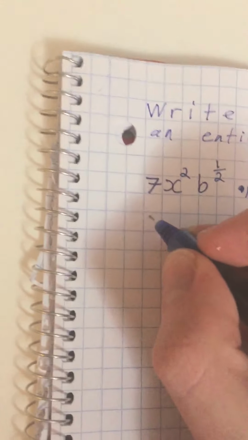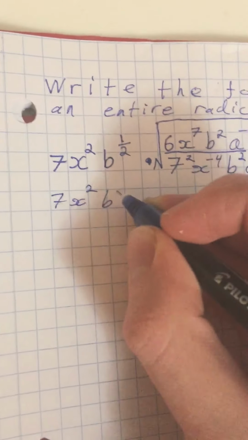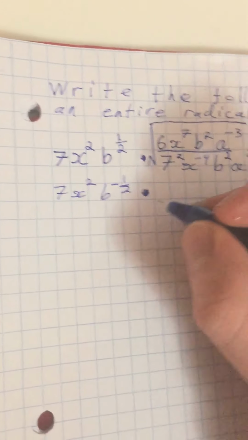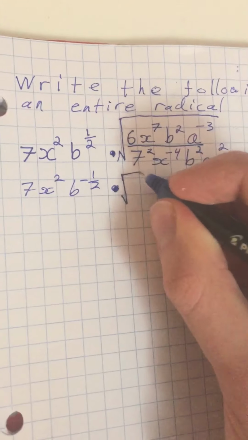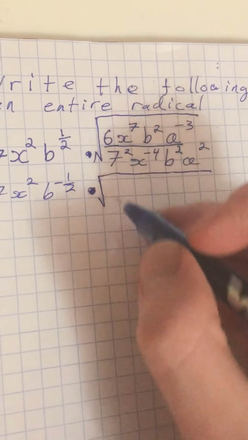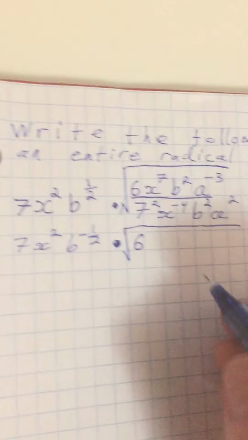So I'm just going to rewrite the first part of this equation, 7x squared times b to the 1/2 multiplied by, well, we can't really do anything with the absolute values there, so I'm just going to leave that 6 there.